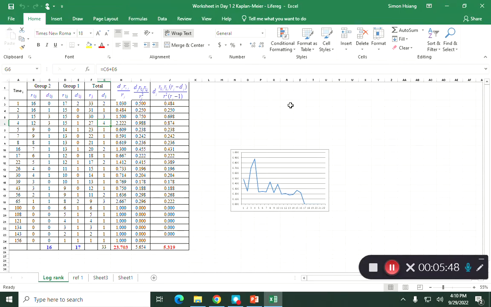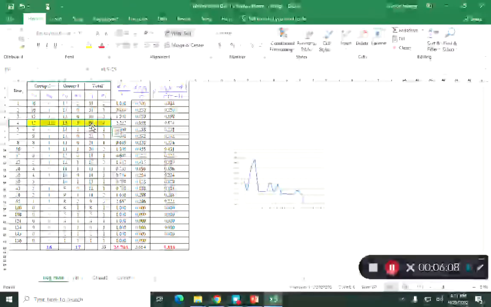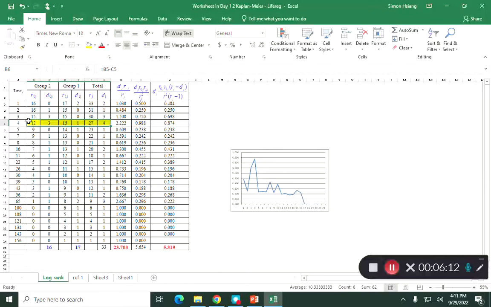Let me focus on this picture. Totally, I have 12 in group 2 and 15 in group 1, so totally I have 27. If I have just one event, who is more likely to have it? I have 15 subjects left here and 12 subjects left here, and totally 27.